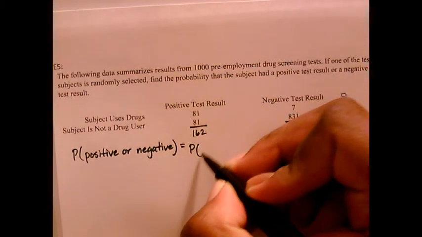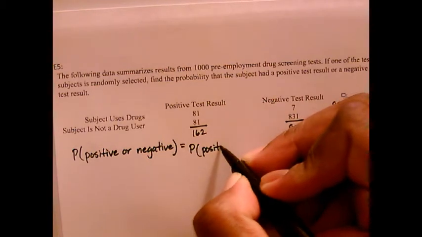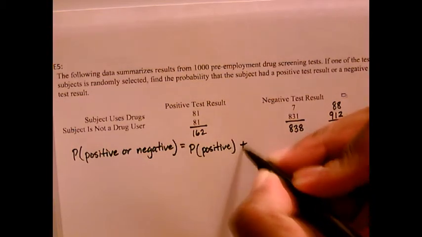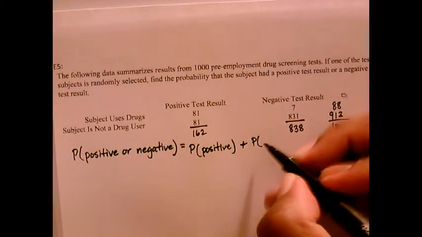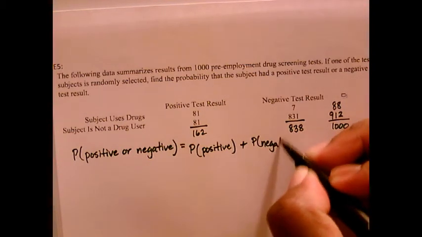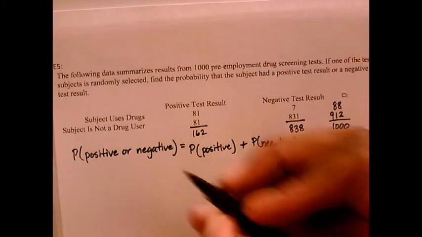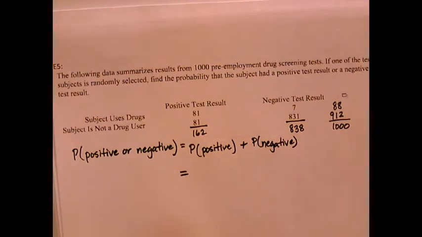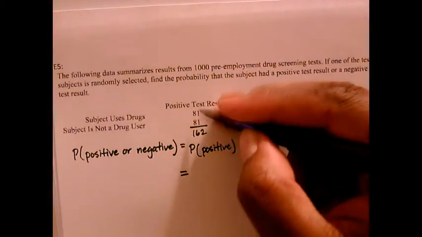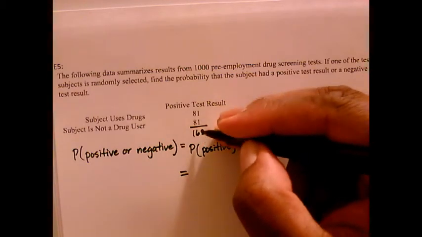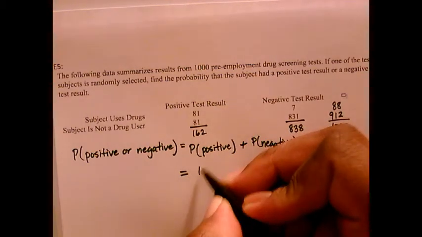It'd just be the probability of getting a positive test result plus the probability of getting a negative test result. So for a positive test result, it's going to be the sum of this column right here. 81 and 81 was 162.